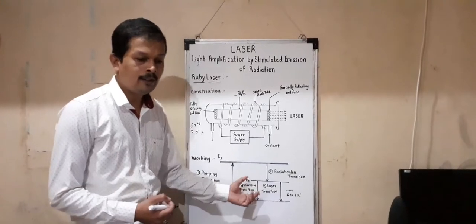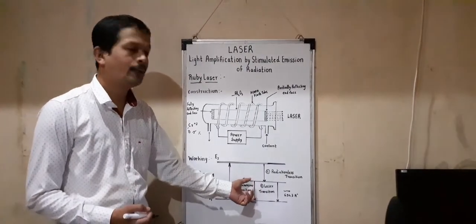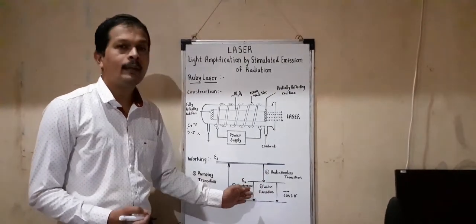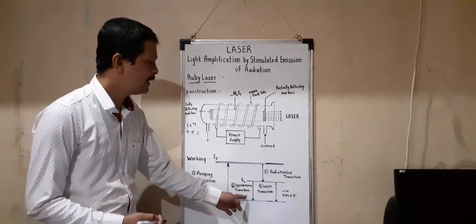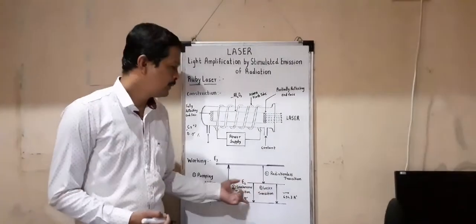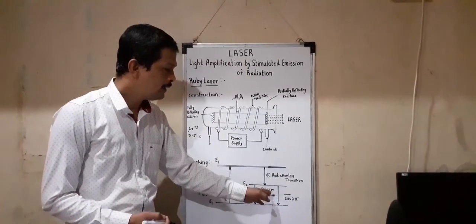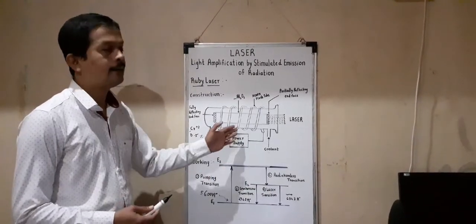So the probability of spontaneous transition is high at any moment, and it emits a photon of wavelength 6943 angstrom. Now last, the laser transition or stimulated transition.